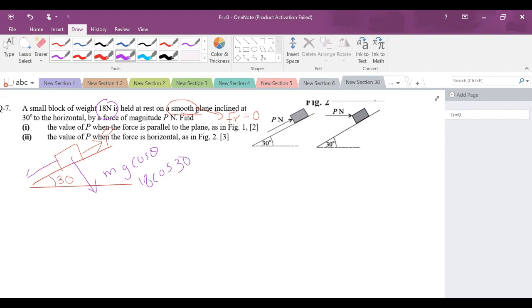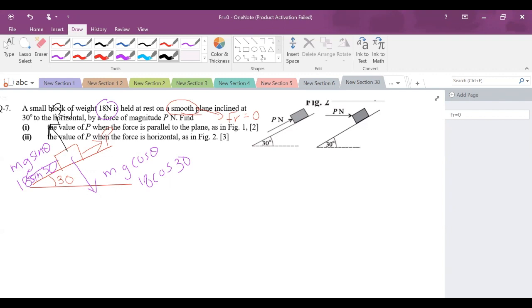And similarly, this one is going to be mg sin theta, so it's going to be 18 sin 30. Apart from that, there's always a normal contact force acting in this direction. So we have to find the value of P.